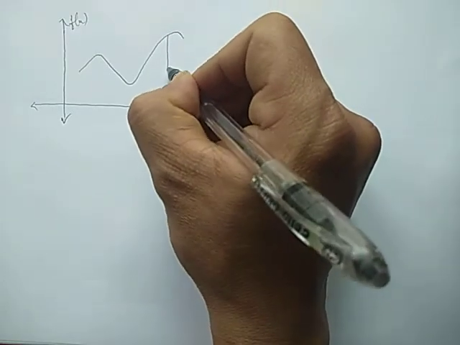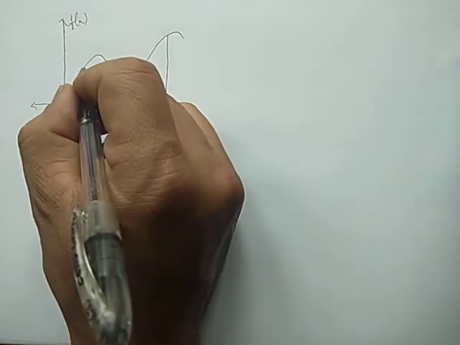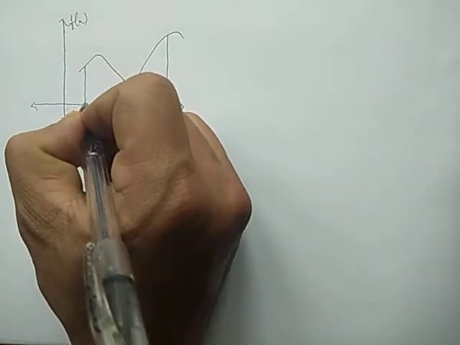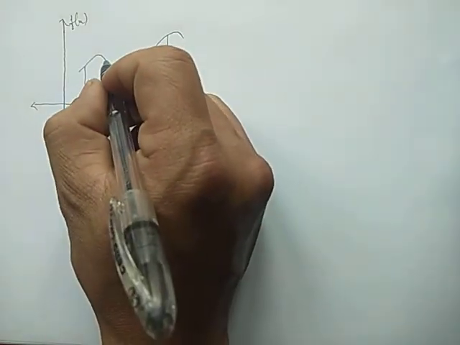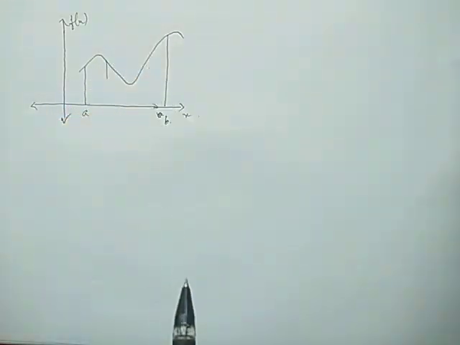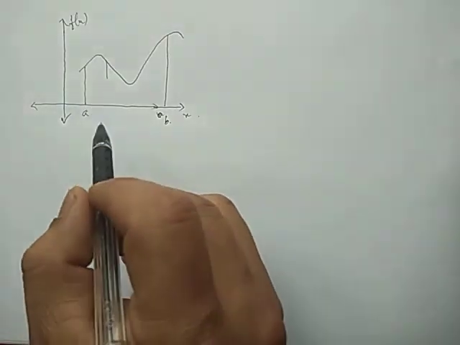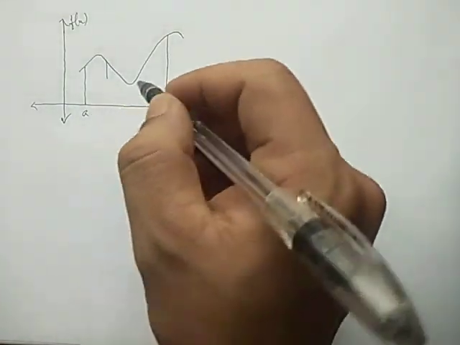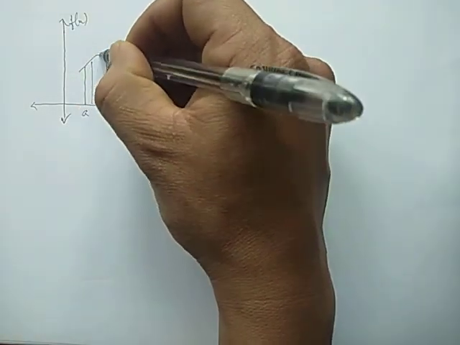Here is my b, and here is my a. So now I am dividing that, or I have a partition. We say a partition of the interval AB is like this.